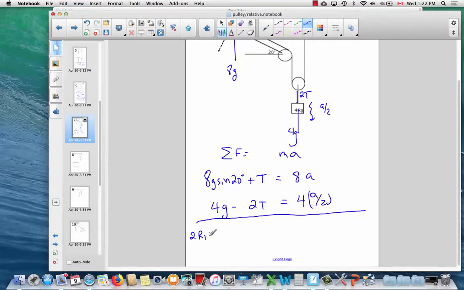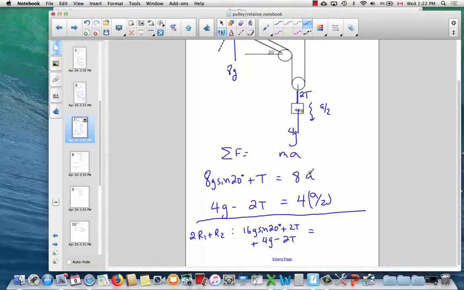The reason we double the first equation is that then you have 2T, and that will disappear with the minus 2T. So it'll be 16g sine of 20 plus 2T, and then you add on to that 4g minus 2T, and so that wipes out.